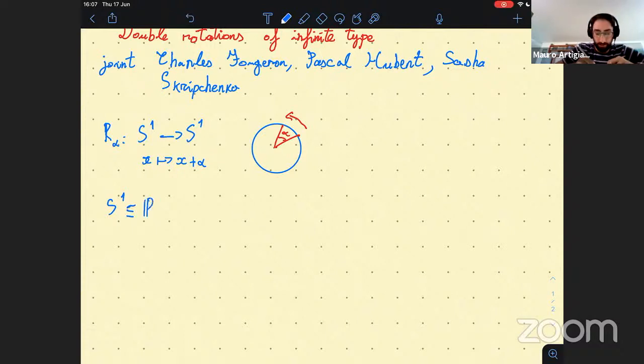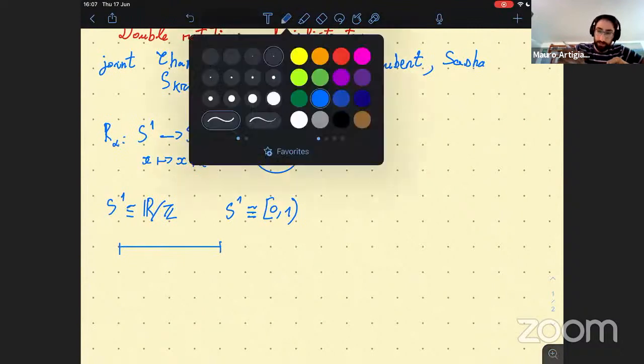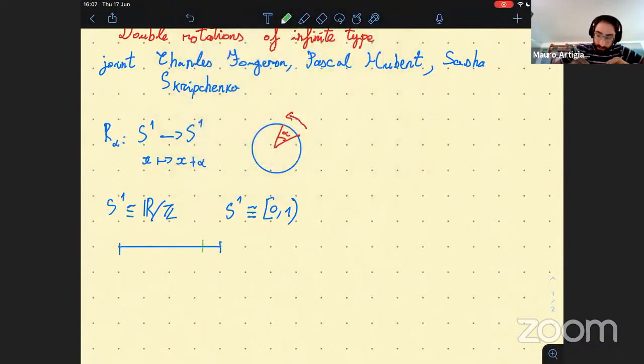So we can identify S1 with [0,1). On [0,1), the rotation becomes a much simpler transformation, which can be seen as an exchange of two intervals. This is my interval [0,1), and here I take 1 minus alpha.